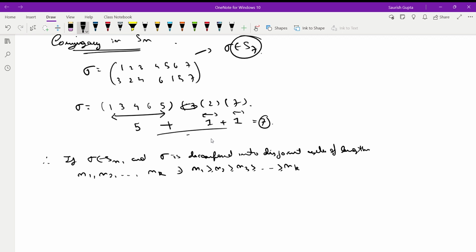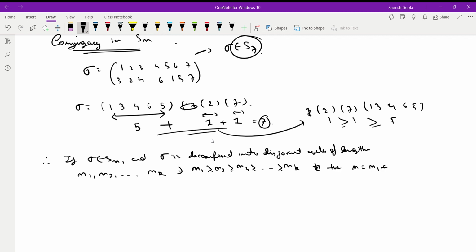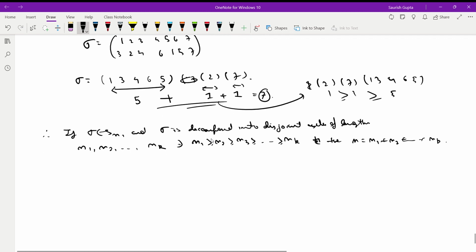That is, we are arranging this as 5, 1, 1, such that n is equal to n1 plus n2 and so on till nk. So we get a partition of n.